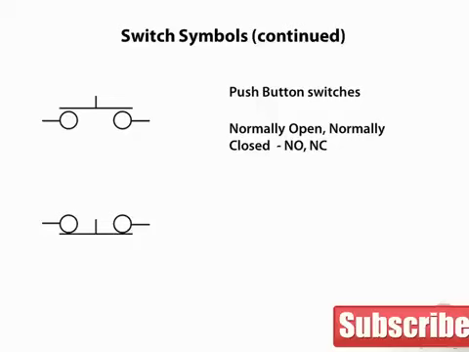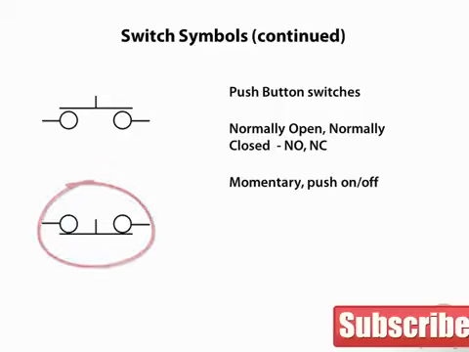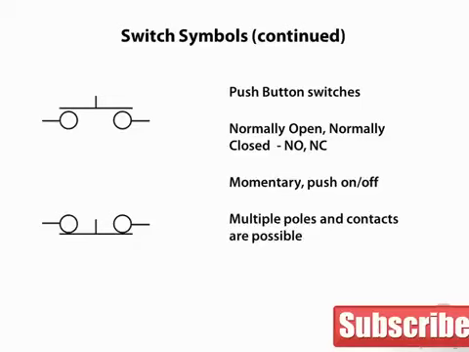The top switch is a single pole, single throw, normally open switch, and the bottom switch is a single pole, normally closed switch. Push-button switches can be momentary, that is, the switch action is only engaged when it is depressed, or it can be push on or push off, which toggles the switch closure with every actuation or pressing of the switch. Push-button switches can have multiple poles and contacts.